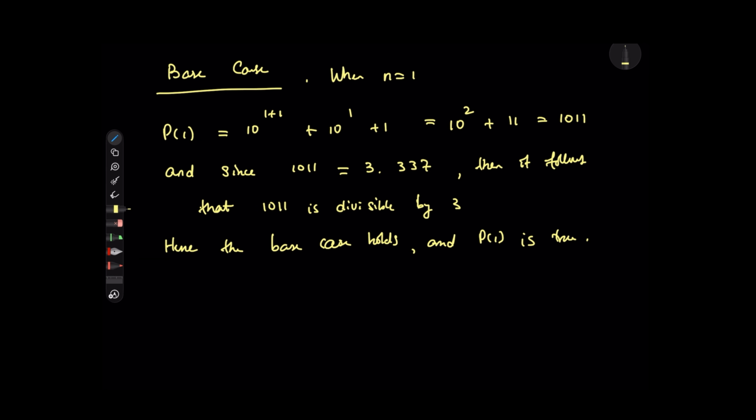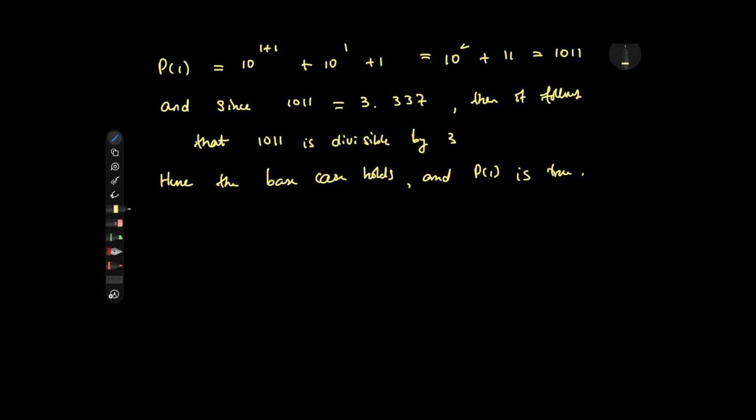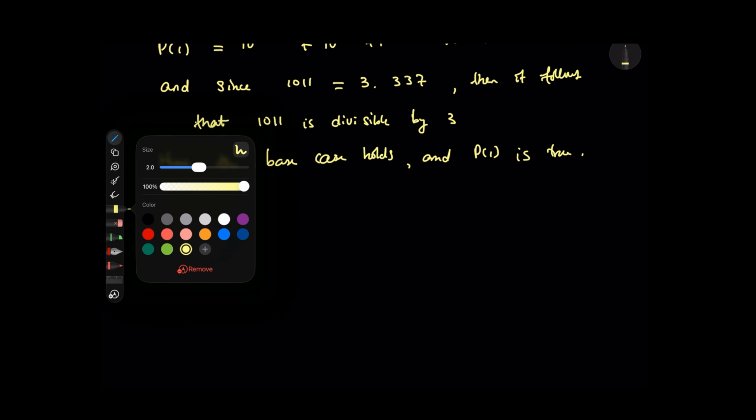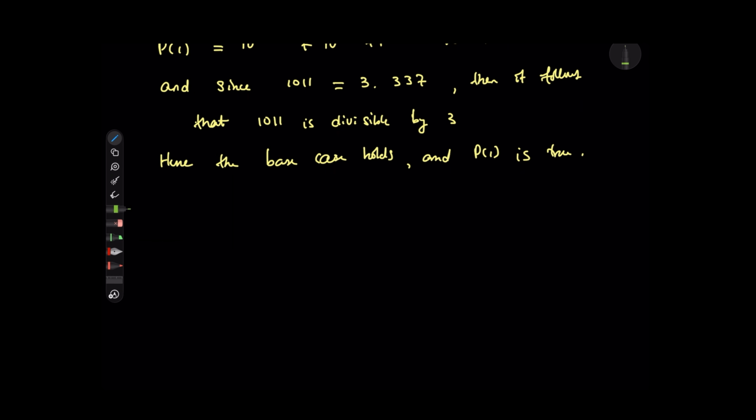Now we have to get to the inductive part. So first we have to write our inductive hypothesis. Of course I'm abbreviating here, but please don't. Right, so the inductive hypothesis is an assumption, so we must assume, right?